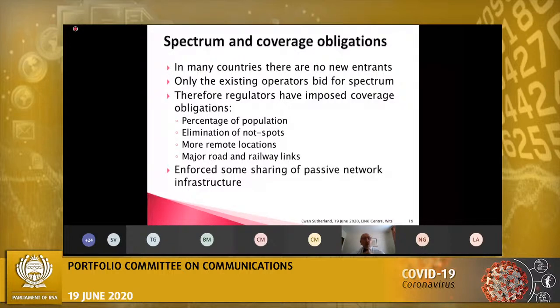Quite a number of countries are dealing with a problem, which is that historically, we can take a very simple example. For complicated political reasons, Ethiopia decided that it would not issue any competitive licenses. So it's had a single operator, Ethio Telecom.